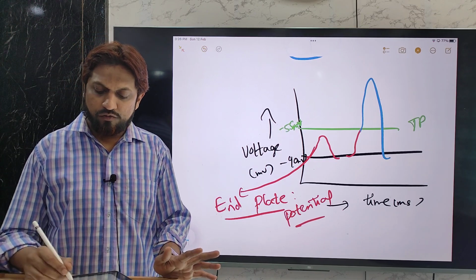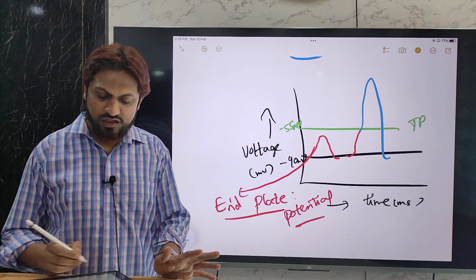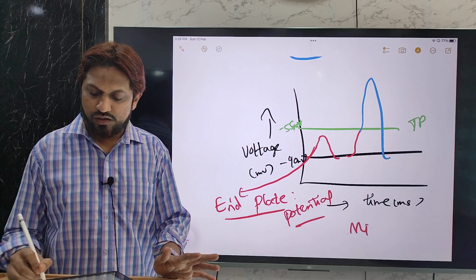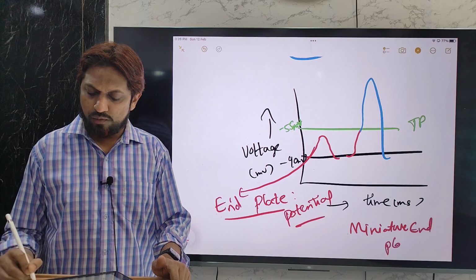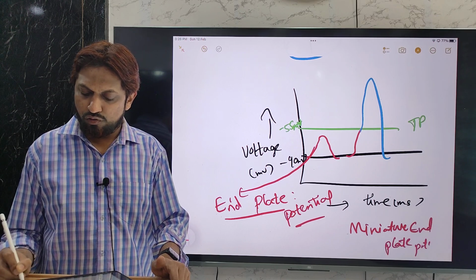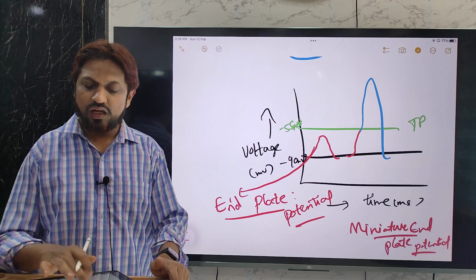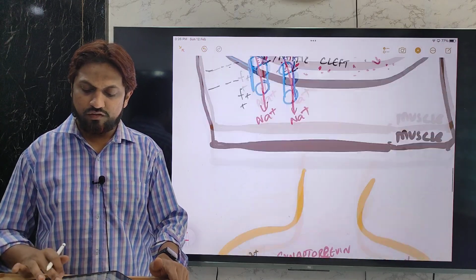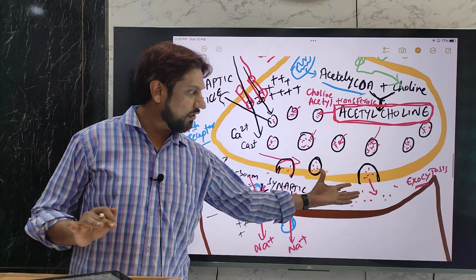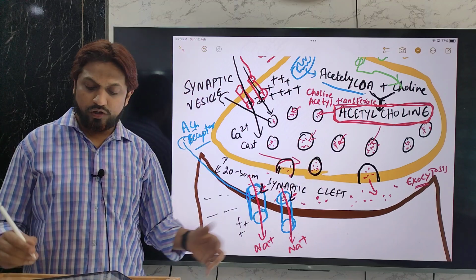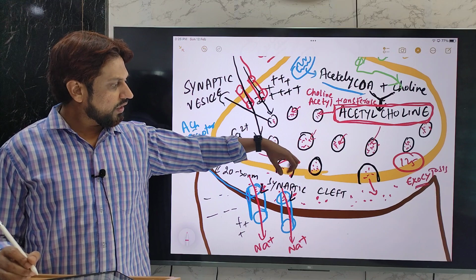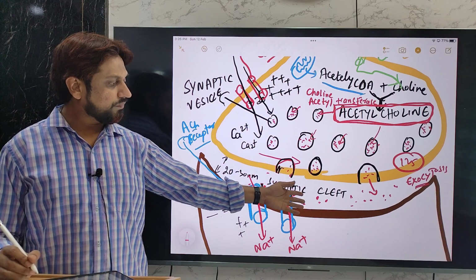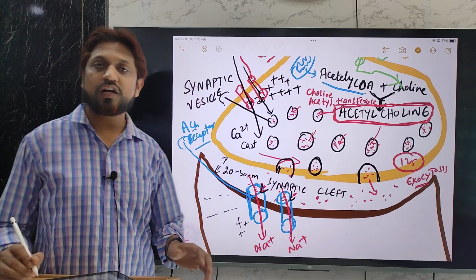Okay, now before that there is one more term known as miniature end plate potential. It is a small local potential which is caused by the opening of a single vesicle. Whenever multiple vesicles open, nearly 125 such vesicles, it is transmitted to the synaptic cleft and acetylcholine is released.